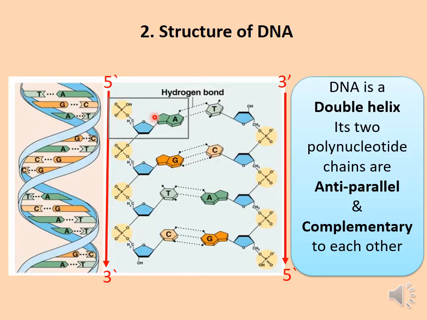So the base sequence of the entire length of one polynucleotide chain is complementary to the base sequence of the other polynucleotide chain. Therefore, the 2 polynucleotide chains are said to be complementary to each other.